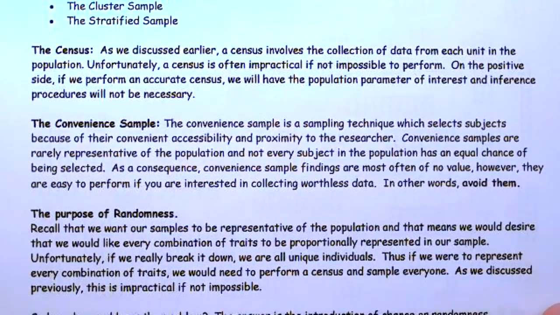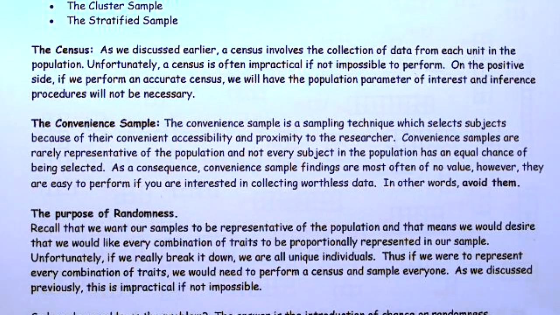A lot of data is collected using the convenience sample. Unfortunately, convenience samples are very poor representatives of the population and almost always biased. The convenience sample is a sampling technique which selects subjects because of their convenient accessibility and proximity to the researcher. We previously talked about surveying the 25 people at the lunch table. This would be a convenience sample. It was easy to do, easy to take.